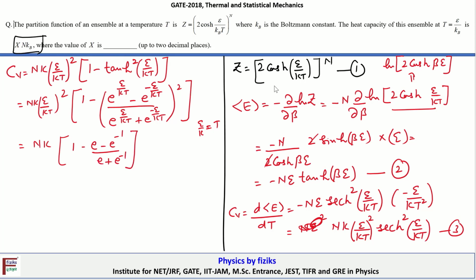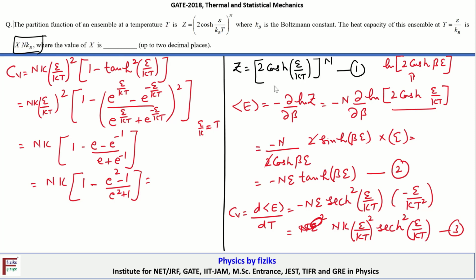Upon solving this expression, it comes out to be nk times 1 minus (e^2 minus 1) upon (e^2 plus 1), squared. Plugging in the value of e^2 in this equation, this comes out to be nk times 1 minus 0.58.